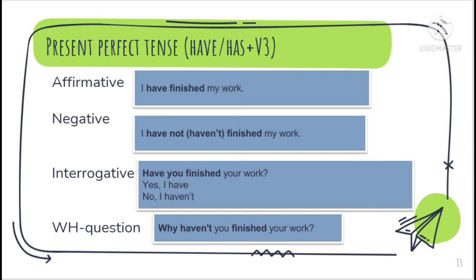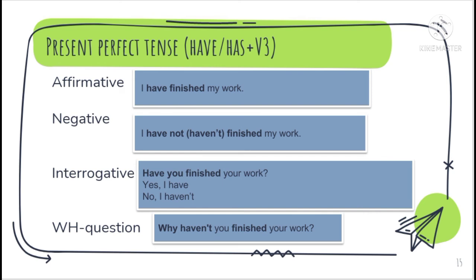I have finished my work. Okay, di sini dia sudah menyelesaikan pekerjaannya, tetapi nggak tahu kita kapan dia selesainya itu. Apakah tadi pagi atau kemarin? Ya. For negative, I haven't finished my work. Di sini dia menggunakan verb 3 ya.